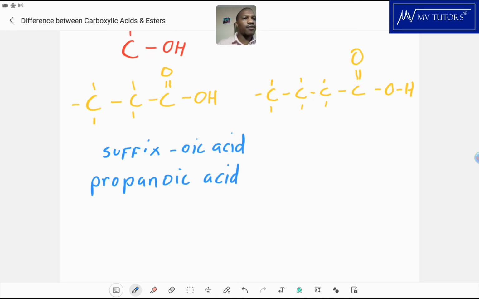This one, 1, 2, 3, 4, it's a but, from butane, and then you put the suffix oic acid: butanoic acid.